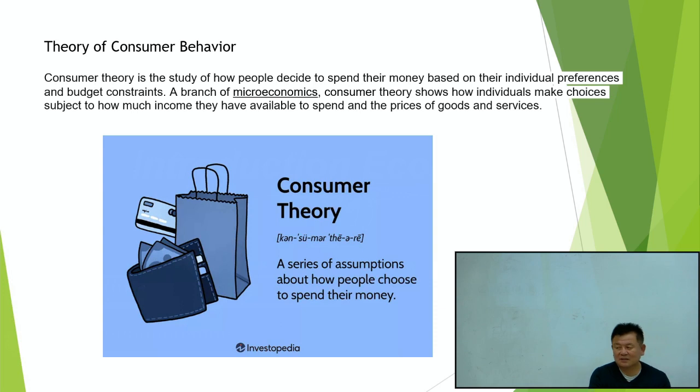It means if you want to buy some goods or services, there are two factors. One is how much money you have. The other is what your preference is: which one do you like, comparing options, while also thinking about how much you have in your pocket.